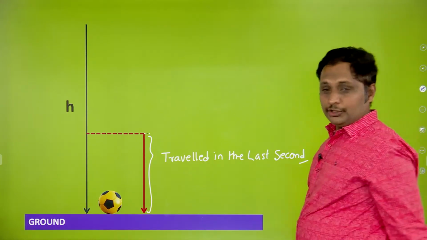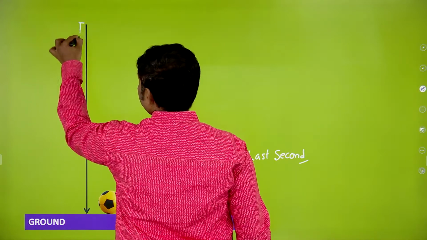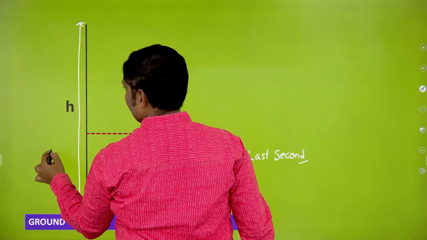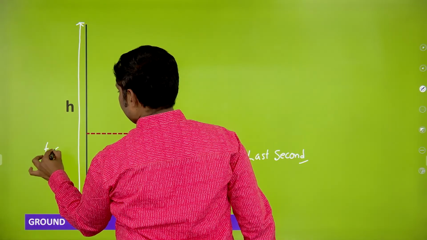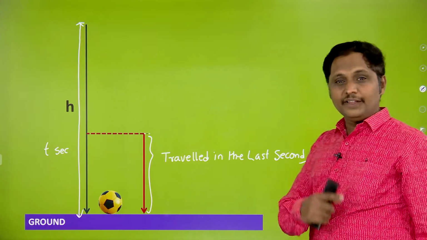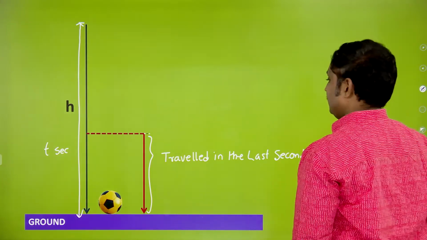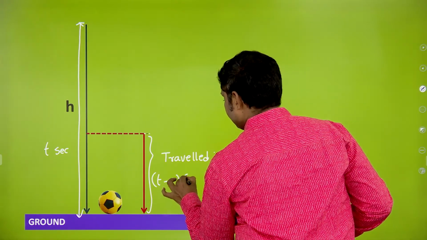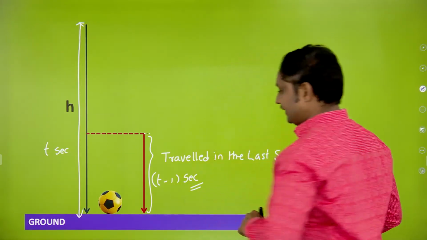So the total time is going to be identified as t seconds. Yes, you can easily find this out. So it is going to be t minus 1 second. All right, it's very clear.